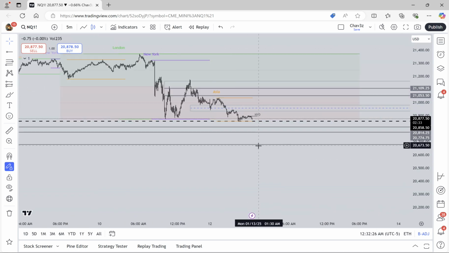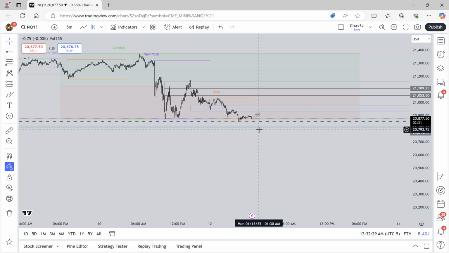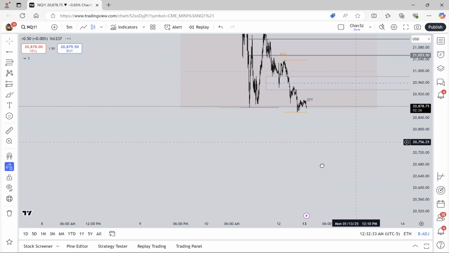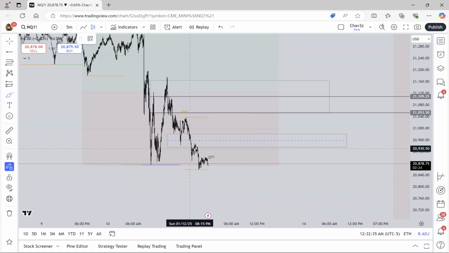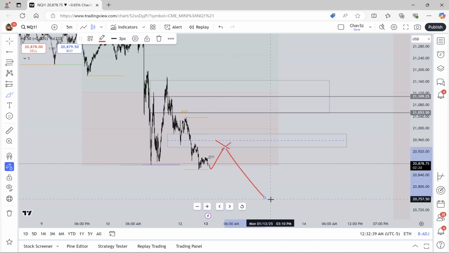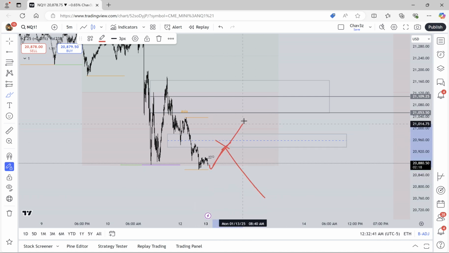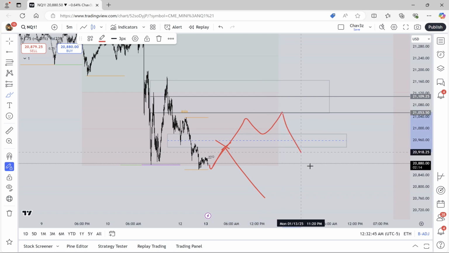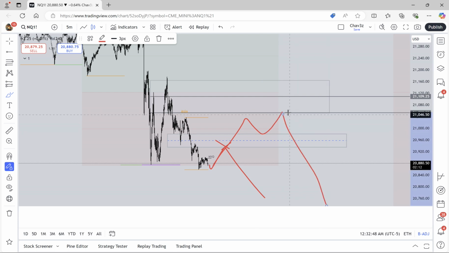All right, we'll get rid of these levels because we are just looking at the different scenarios. Trade back into the 4-hour, drop, that's 1. Trade above the 4-hour, into the low of that order block, come back down, that's 2.